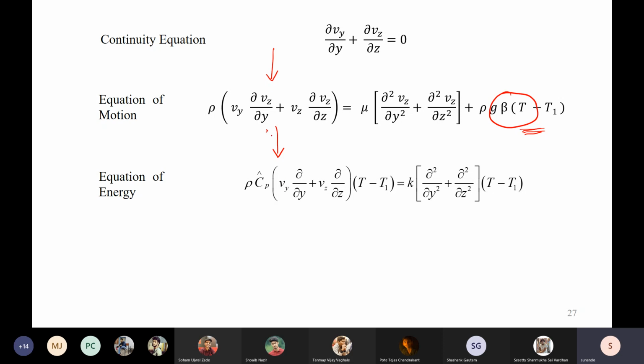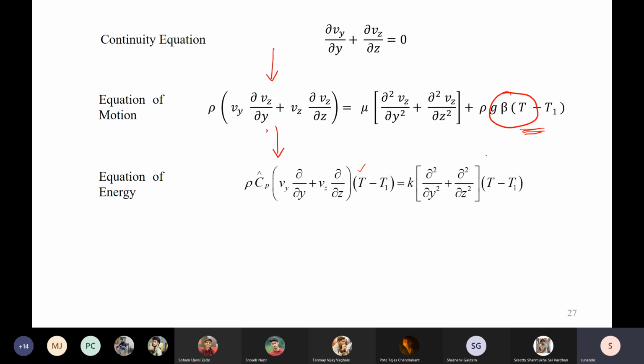So there is a one-way coupling in most of the situations that we come across: independently evaluate velocity and then use that expression to find the temperature distribution in a system, provided rho, mu, Cp, etc., do not change appreciably for the temperature ranges that we are considering. So there is always a one-way coupling.